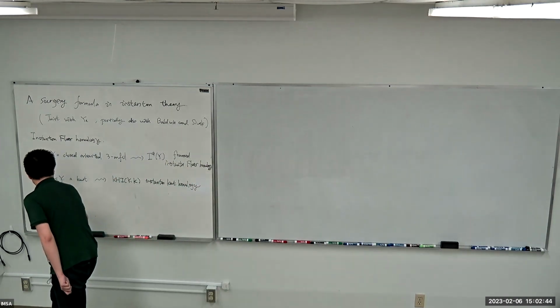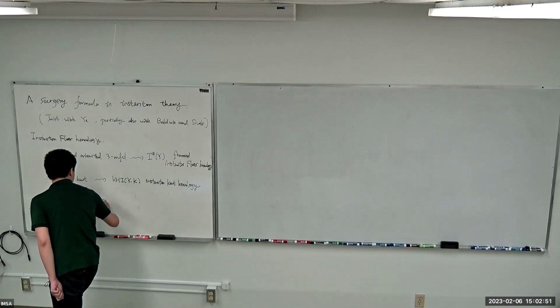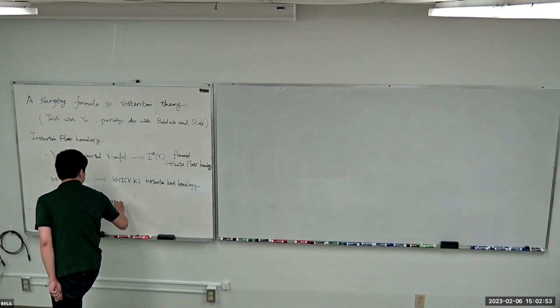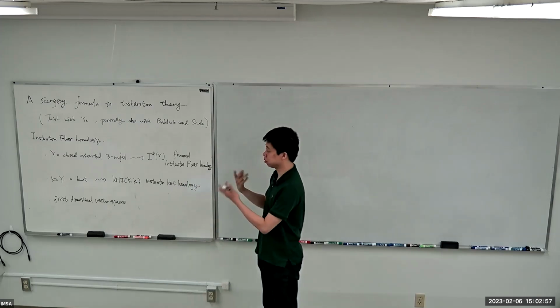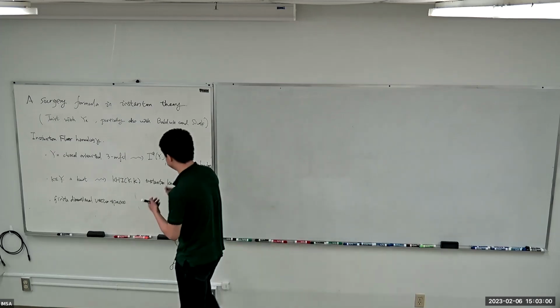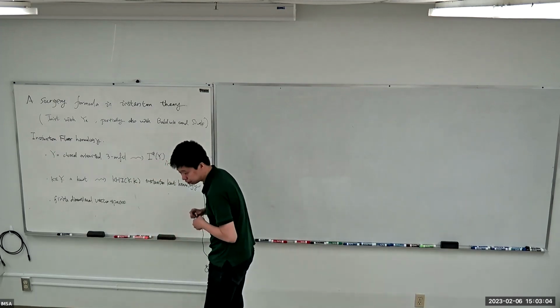Both of them are finite dimensional vector spaces. Since this is a homology theory, you can expect there's a chain complex associated with this object, and we deal with the differentials and then take the homology to get this.